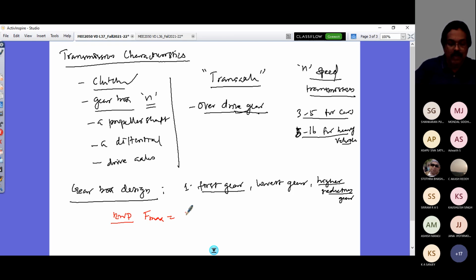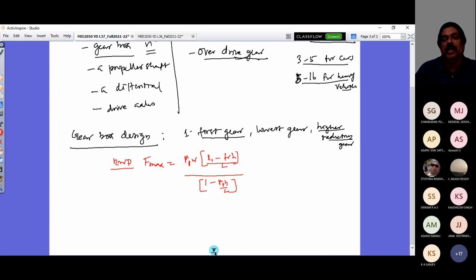F max is μp W (L1 − f_r h)/L divided by (1 − μp h/L). This is the expression we derived at the beginning of the class, that can be supported by the road surface when it is a rear wheel drive vehicle.